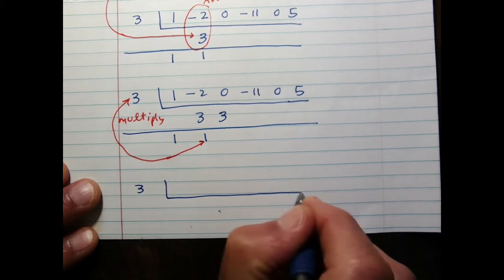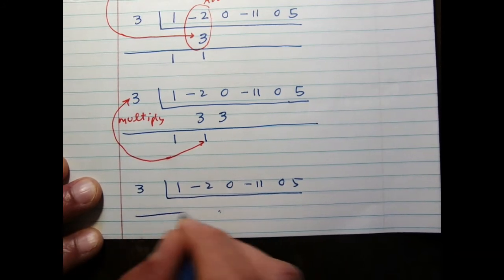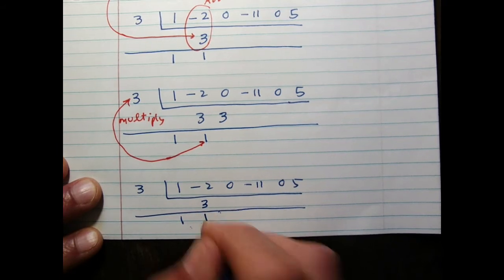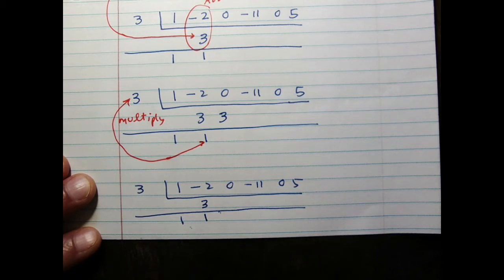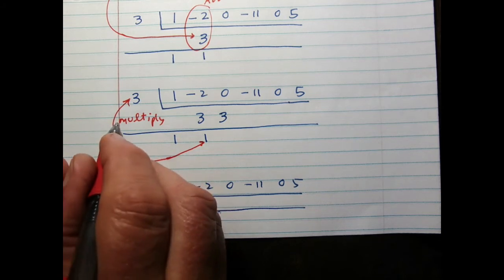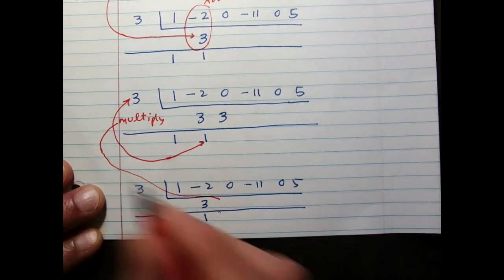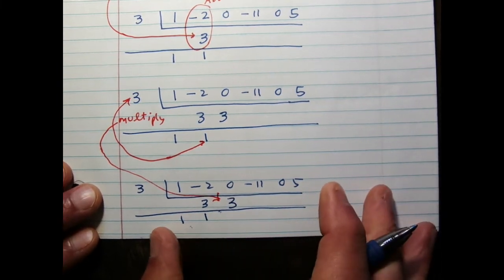I'll write down another line. 3, then 1, negative 2, 0, negative 11, 0, 5. I brought down my 1, 3. I got a 1 here. And just to match up with my line above, I'm just going to draw an arrow into here. When I multiplied, there's my 3.